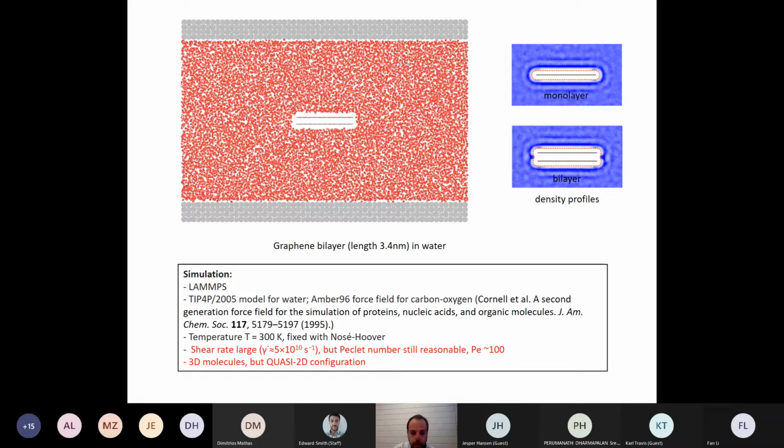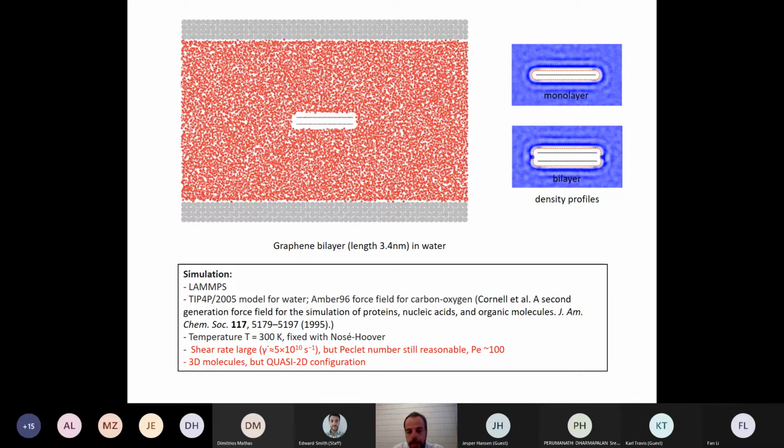The solvent here is water, and we initially simulated the graphene bilayer, so two layers of carbon attached to each other. The shear rate is, of course, enormous, but the Péclet number is still reasonable and physical, a Péclet number of about 100.